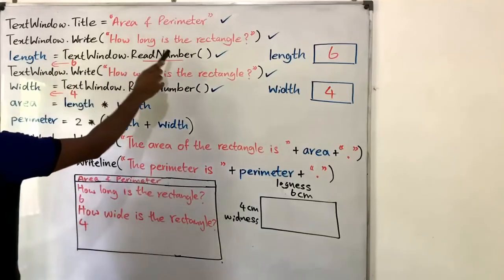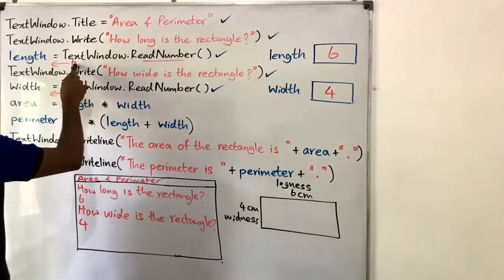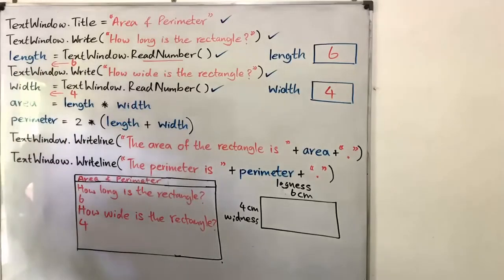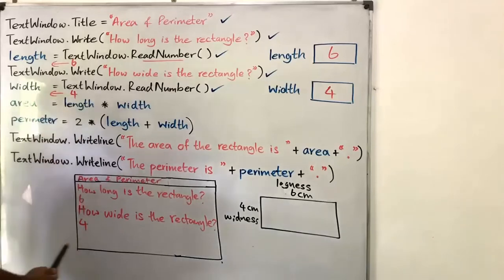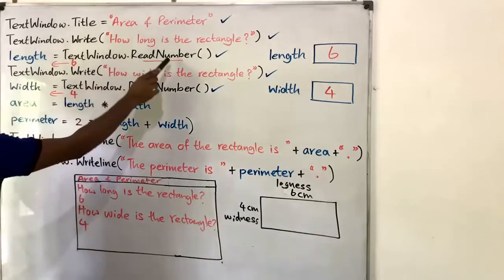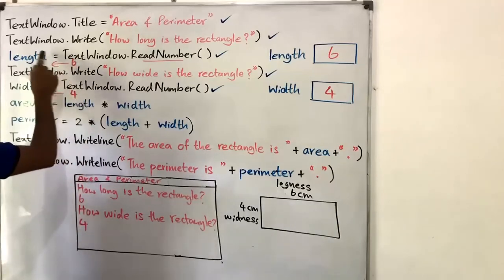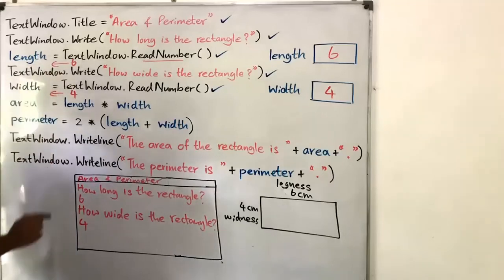Text window, read the number and assign that number, or give that number, to the variable length. This equal sign means assigning or giving.